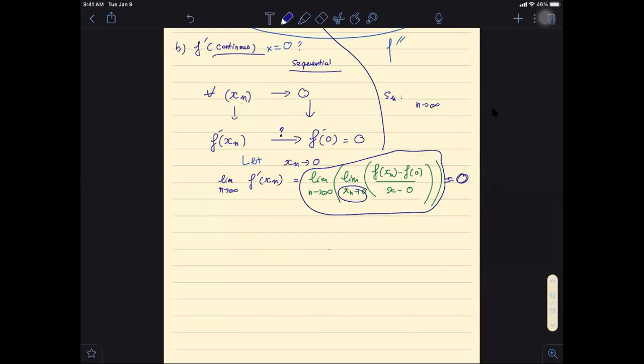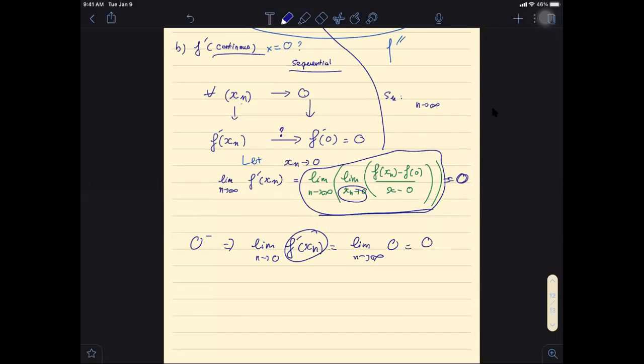So even if we don't know that, what if we take f from the left and from the right? From the left, we have the limit of f prime of x_n, which is always equal to 0, because x_n always equals 0 and goes to 0.